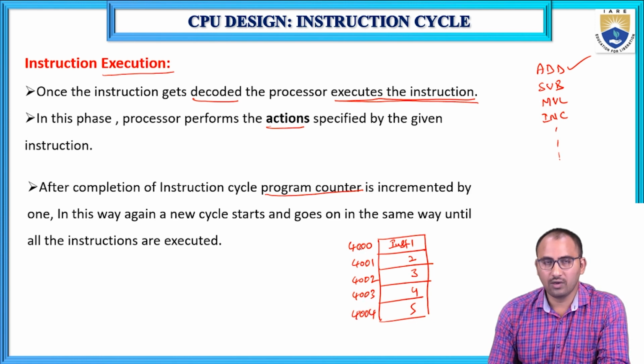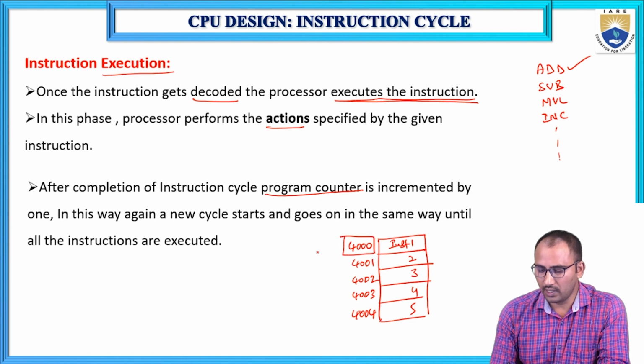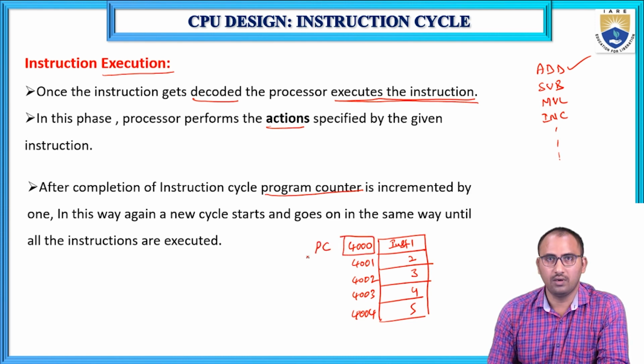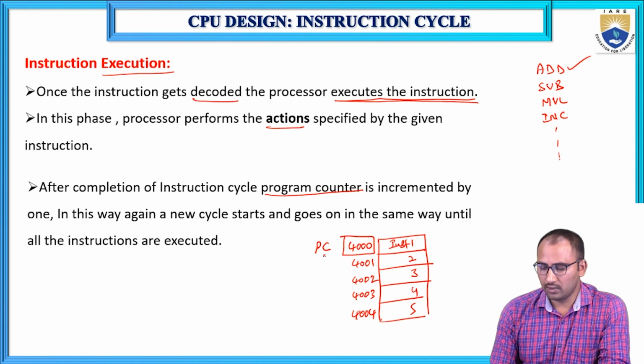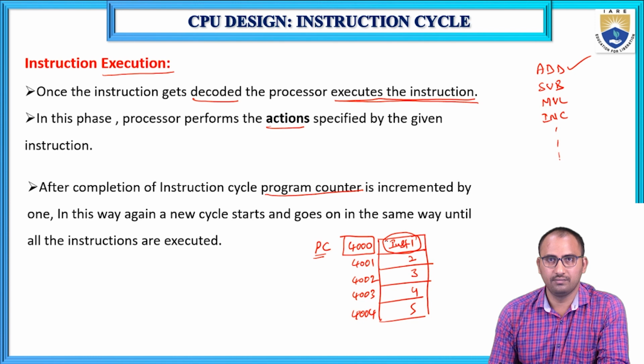At the beginning of the instruction cycle, the starting address will be loaded into the program counter. That means using this program counter, the first instruction will be fetched from the memory.